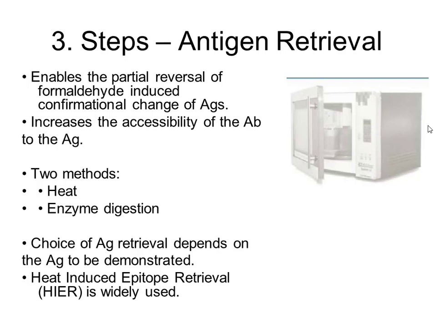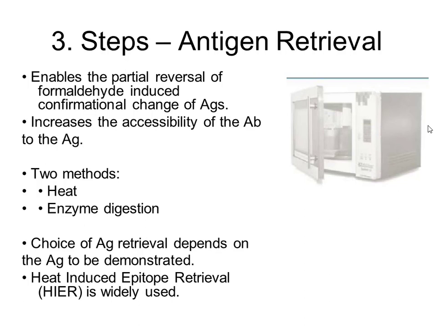In this case, we must use one of two methods of antigen retrieval. One of them is heat, and the second is enzyme digestion. The choice of antigen retrieval depends on the antigen which will be demonstrated. First, heat. Here, it's heat-induced epitope retrieval.